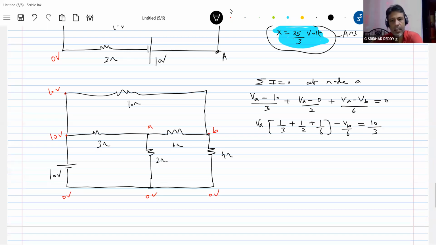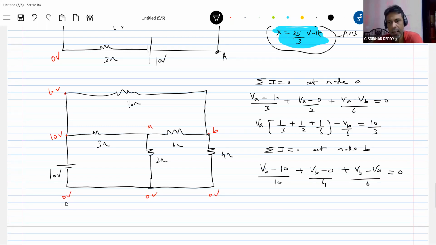We'll write again, KCL at node B: (VB minus 10) by 10 plus (VB minus 0) by 4 plus (VB minus VA) by 6 equal to 0. So VB(1 by 10 plus 1 by 4 plus 1 by 6) minus VA by 6 equal to 1.